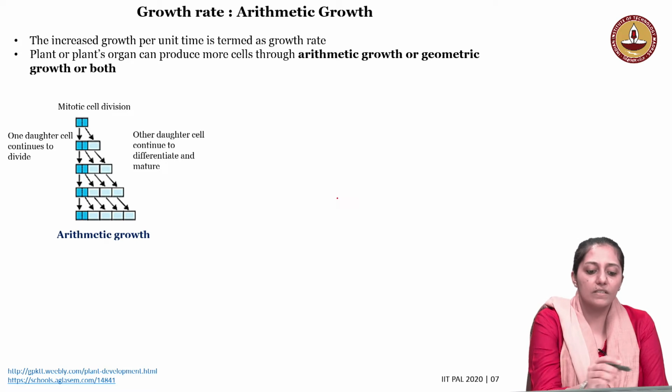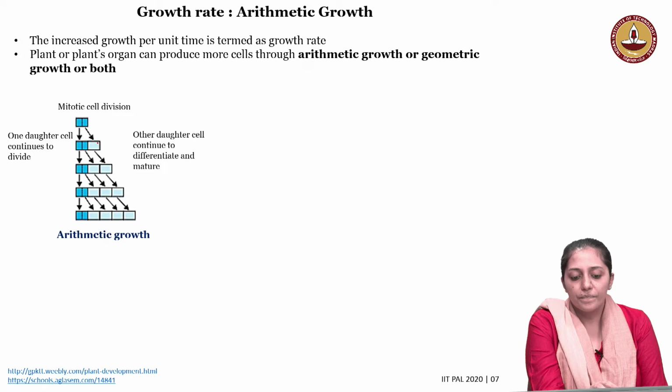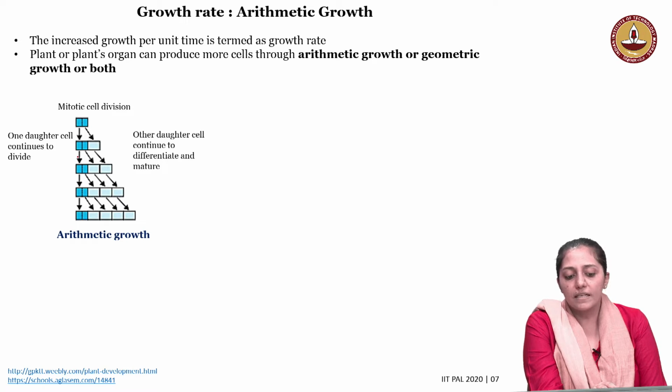If you can see on the slide, the two blue cells here will lead to daughter cells. One of the daughter cells is continuing to divide, while the other daughter cell will keep maturing.